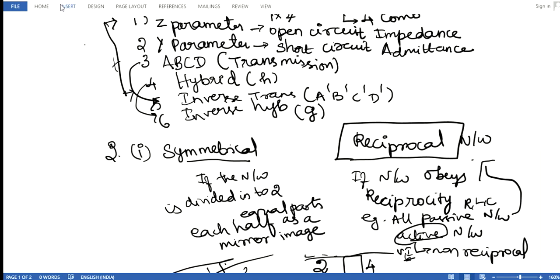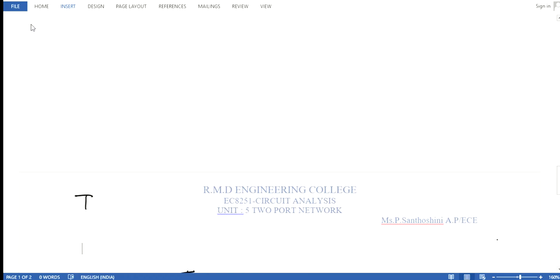Now turn your note into landscape because you are inserting a big tabular column here. Once you are strong in this tabular column, you can easily understand what is coming hereafter, because all the topics will be based on this topic only.